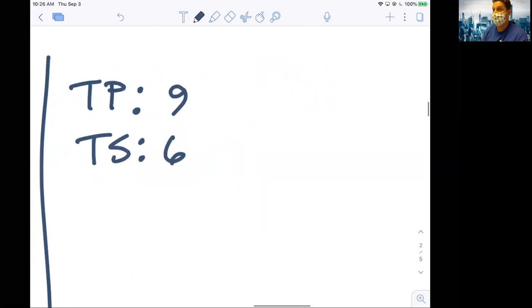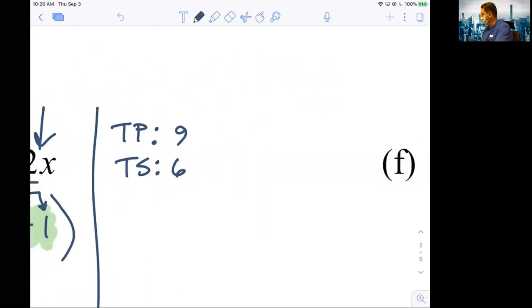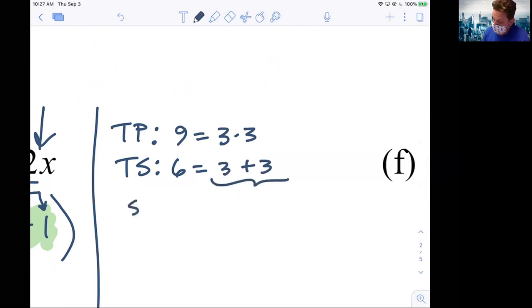So now come back over here. We made the problem smaller. We could tackle this small problem. What are some factors of 9 that add up to 6? 3 and 3. 9 is 3 times 3, and that's the same as 3 plus 3. So here's the insight. This is called splitting the middle term. And you may have learned this. It's bona fide math. It's not magic or wizardry.